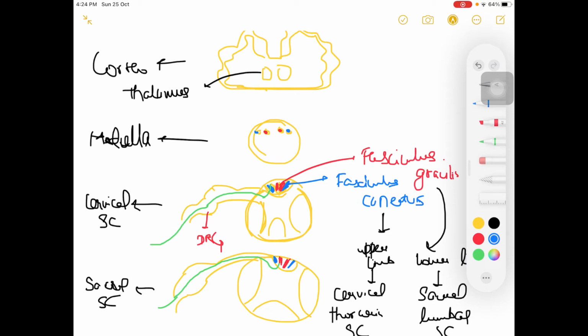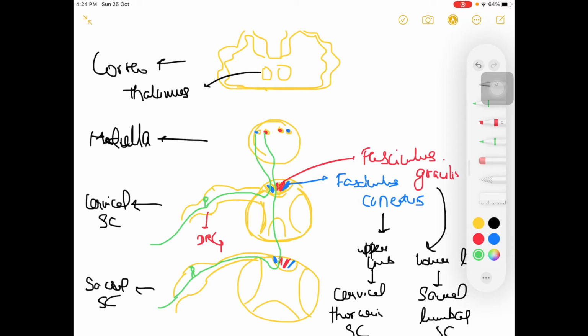So now they will ascend because these are ascending tracts. Let me make spinal ganglion cells also into DRG. So now they will ascend. It will ascend to nucleus cuneatus and this will ascend to nucleus gracilis.